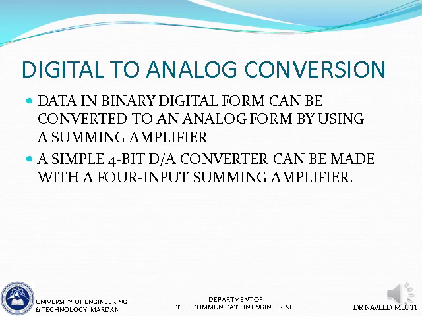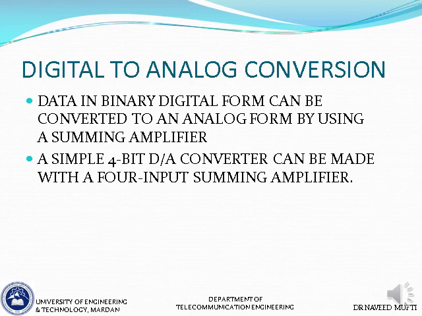So you just need multiple inputs of the summing amplifier. If you want to convert 4 bits to analog, you need 4 inputs. If you want to convert 8 bits to analog, you need 8 inputs on the summing amplifier. So the main hardware is summing amplifier, and the number of inputs to the amplifier depends on how many bits you want to convert to analog at one time.